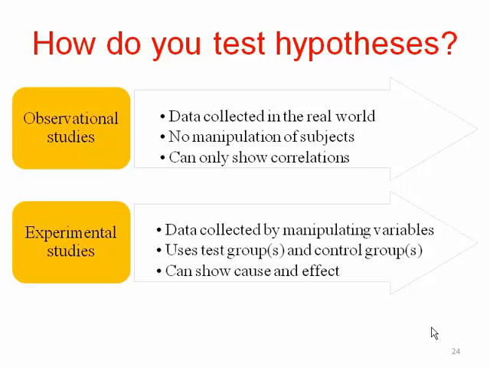It could be watering of plants or various types of experiments where you directly manipulate one or more variables. You would typically have a test group and a control group to see whether the variable that you're manipulating is having the effect that you hypothesize. And this does allow you more directly to show cause and effect.